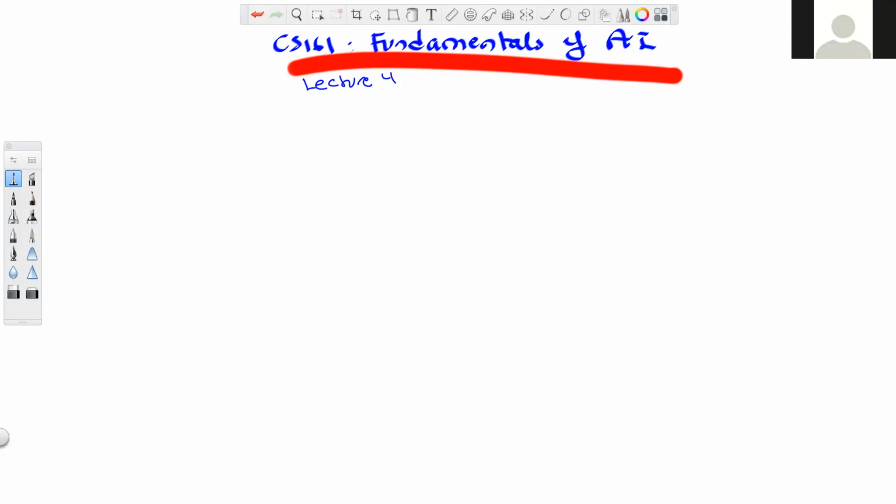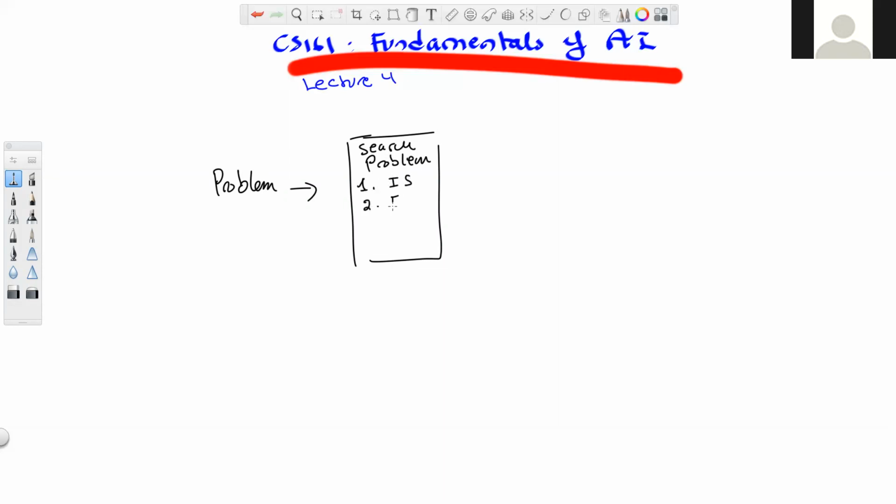All right, so if you recall from last time, the big picture looked something like this, that we do have some kind of a problem. And we said that we can formulate it as what we would call a search problem, which demanded 3 ingredients: the initial state, the final state, and the notion of actions that transition us between states.